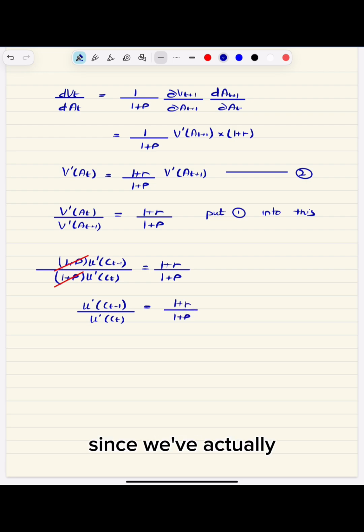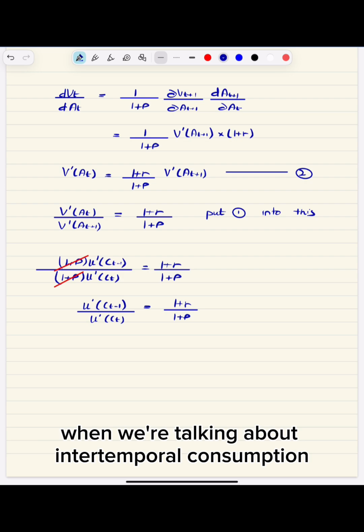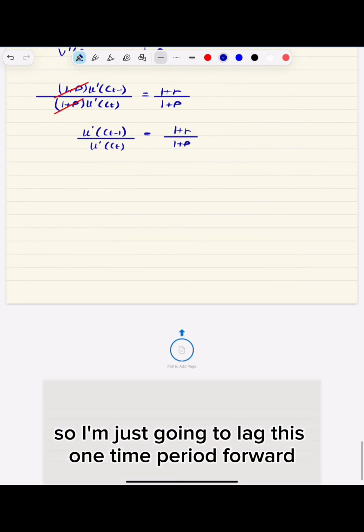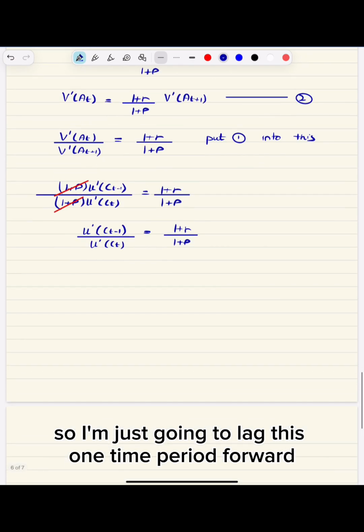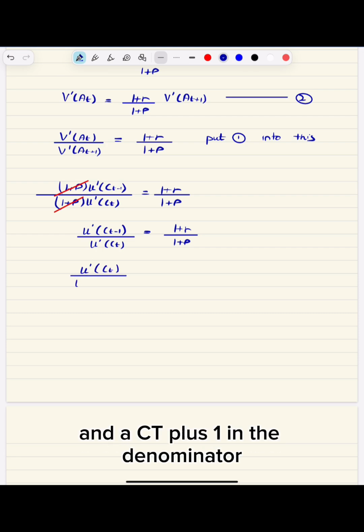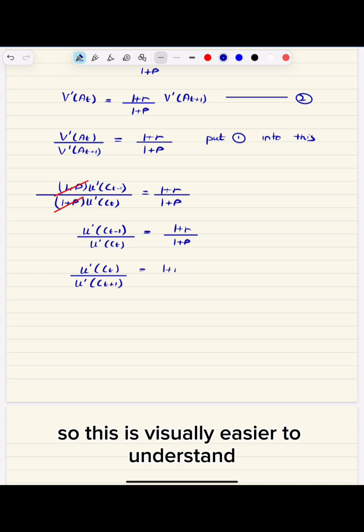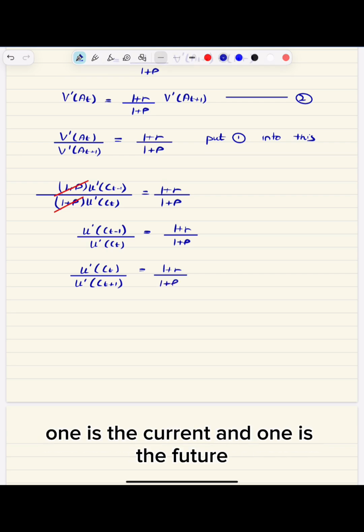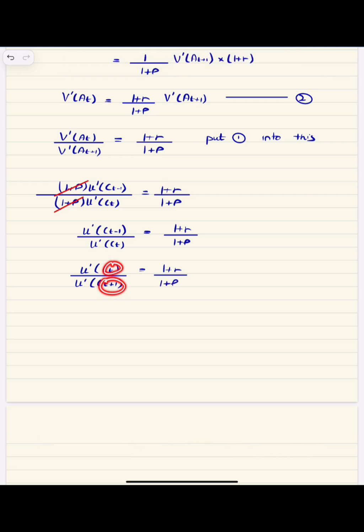Since when we're talking about intertemporal consumption, we're concerned with today's consumption and the next period's consumption, I'm just going to lag this one time period forward to get c_t in the numerator and c_{t+1} in the denominator. So this is visually easier to understand, that we have two time periods: one is the current and one is the future.